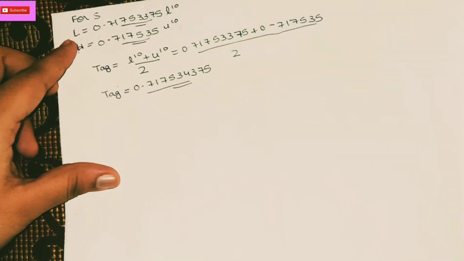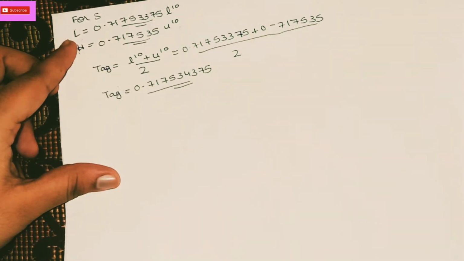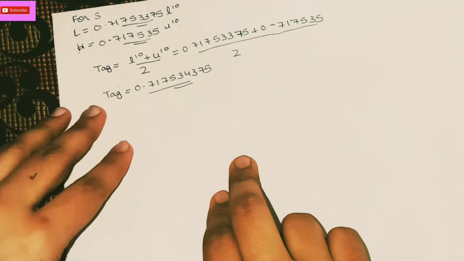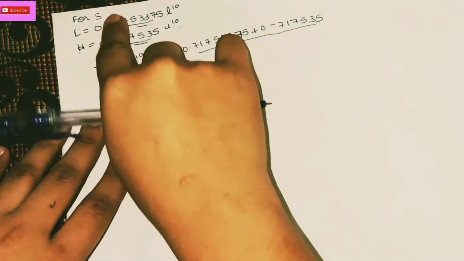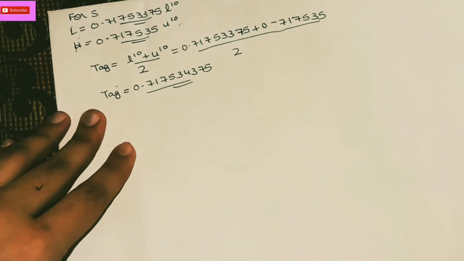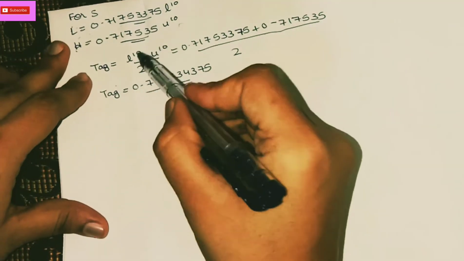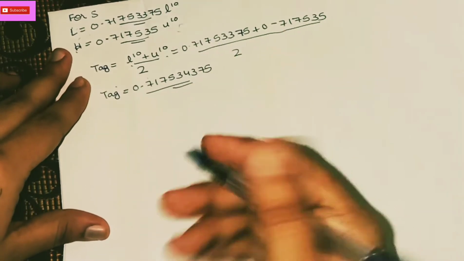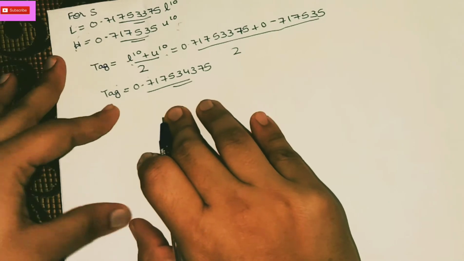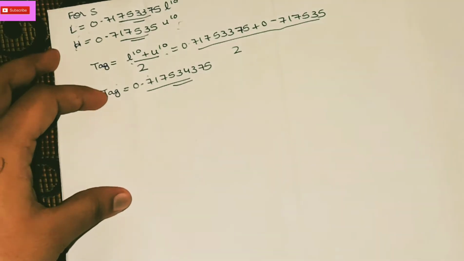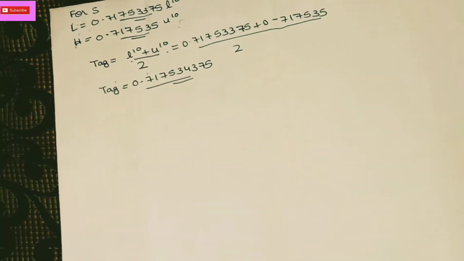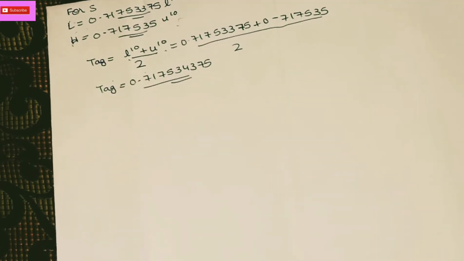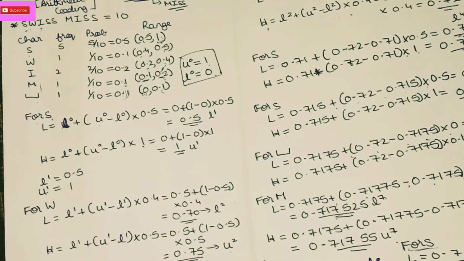Now we need to find the tag value. For the tag value, you need to consider the last symbol's values, that is L10 and U10. Add them and divide by 2, and you will get your tag value, which is 0.717534375.